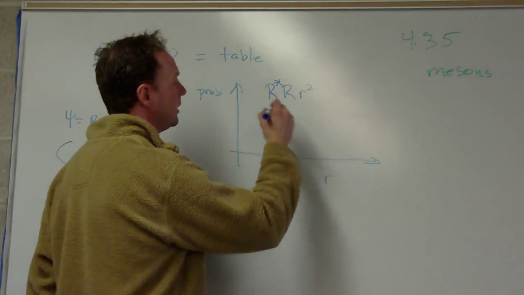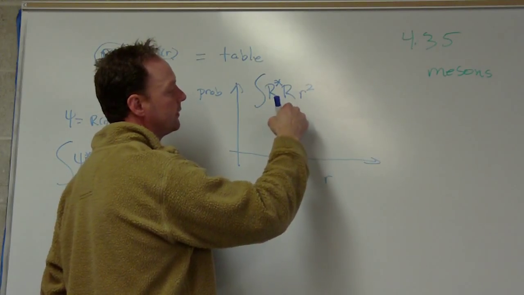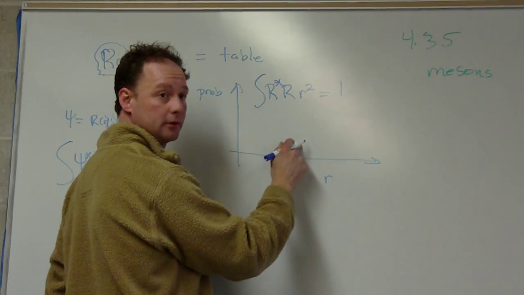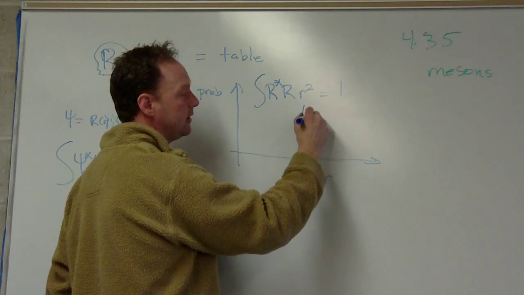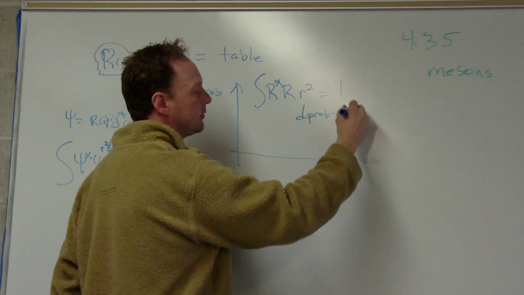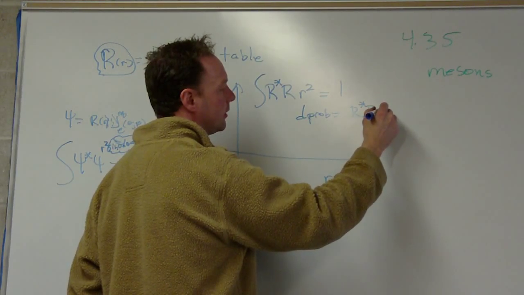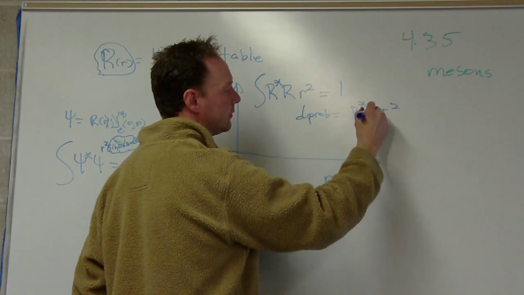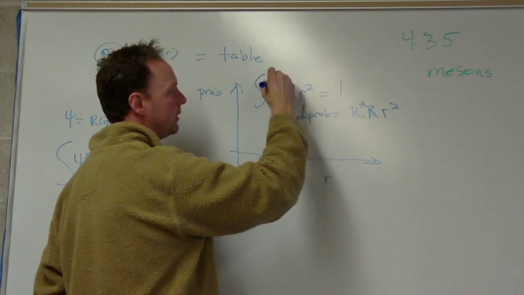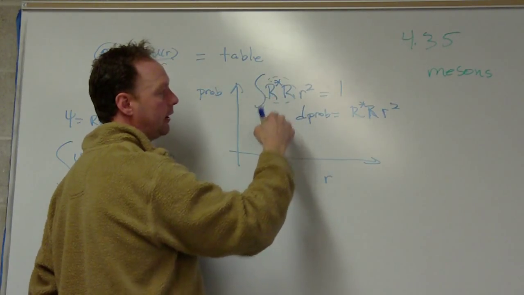So in other words, the integral of this thing equals 1. So dP, d probability, equals R star R r squared, where this is a probability per unit area.